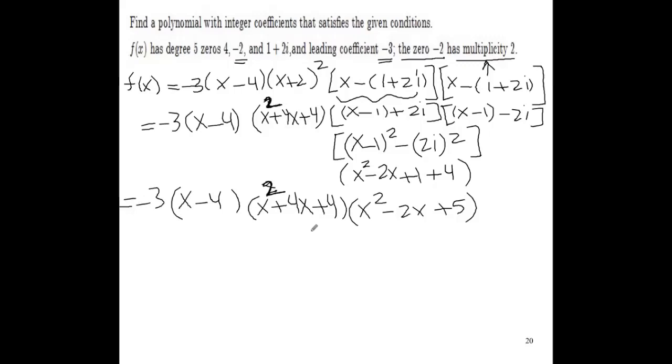Alright. Here if I multiply these last two terms, term by term, I would get x to the power of 4 minus 2x to the power of 3 plus 5x to the power of 2 plus 4x to the power of 3 minus 8x to the power of 2 plus 20x.